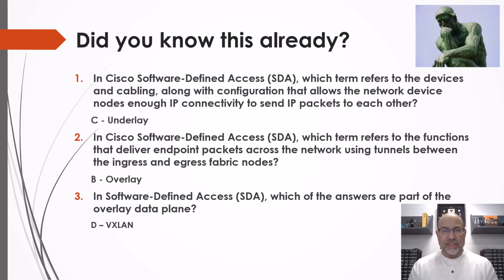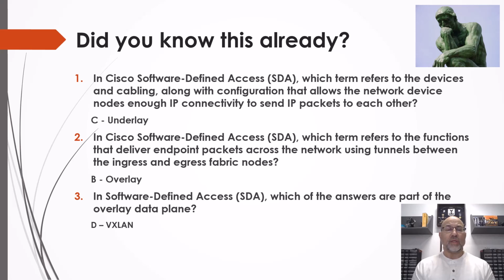Question number 1. In Cisco Software Defined Access, which term refers to the devices and cabling along with the configuration that allows the network device nodes enough IP connectivity to send IP packets to each other? So that is clearly a description of C, the underlay.